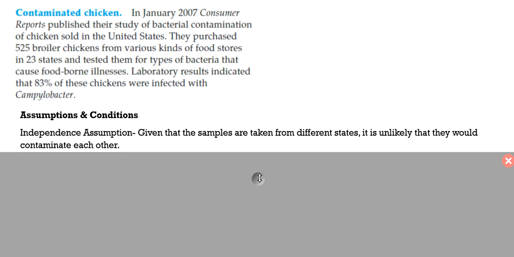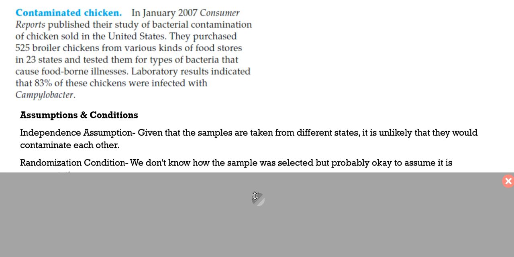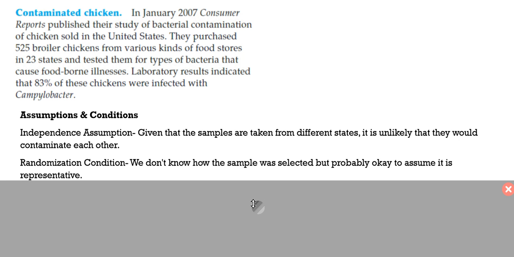Is it random? Again, nothing specific speaks to that in the problem. We don't know how the sample was taken, which isn't really going to be the case in real life. We would be taking the sample, so we would guarantee that it's random. But given the context of the problem, what we did was go to 23 different states and get 525 chickens from various types of food stores.